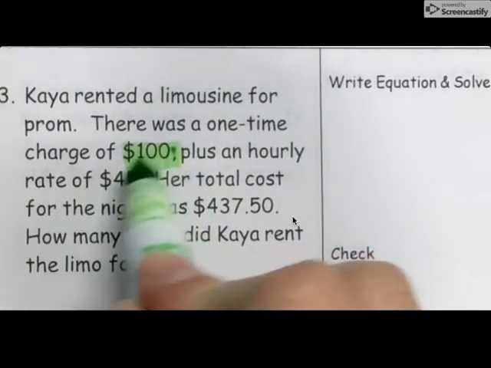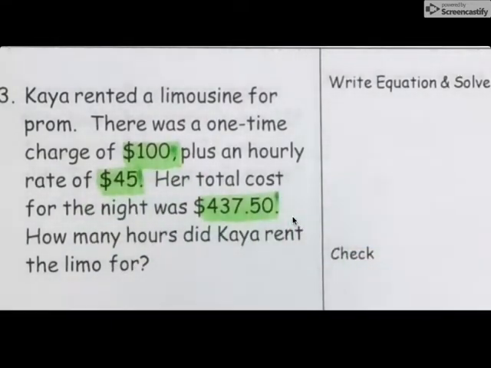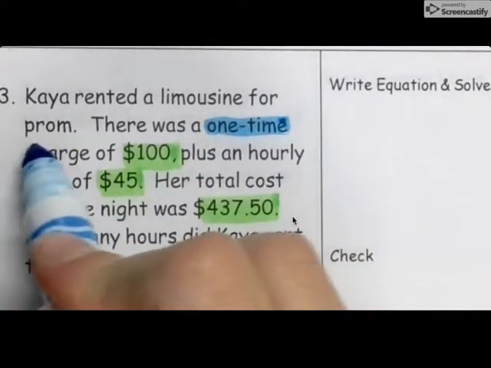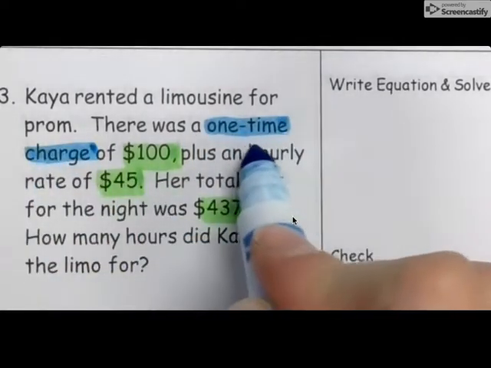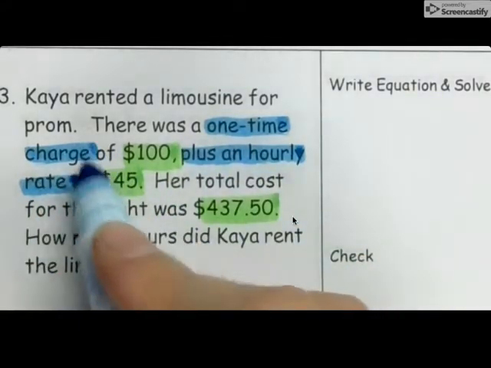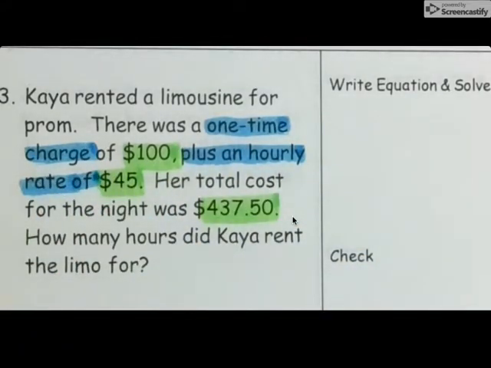So, again, I'm going to start with my plain numbers. Then I'm going to go to the other easy thing, which is operators. So we have a one-time charge. We have a plus, an hourly rate of, that's important.